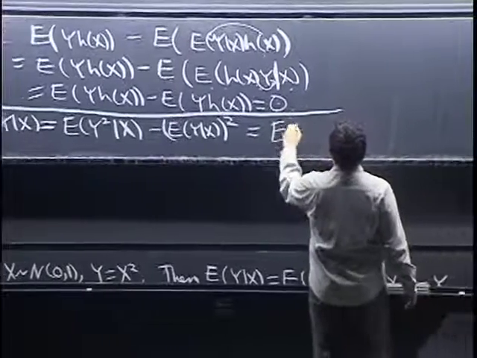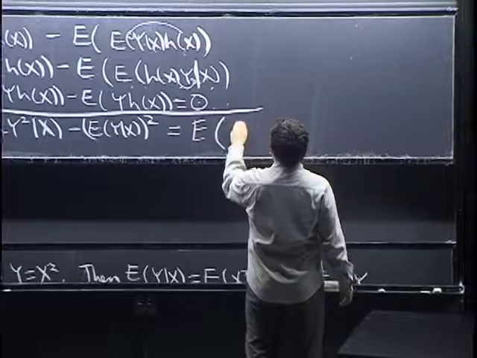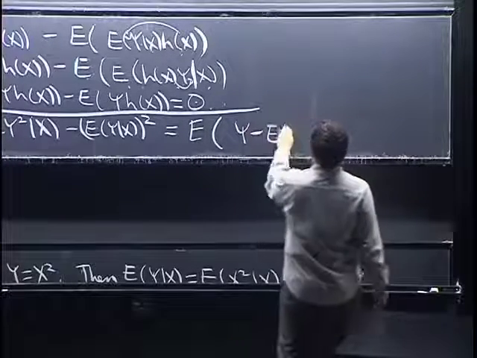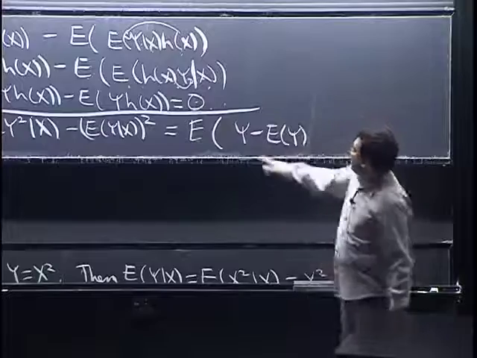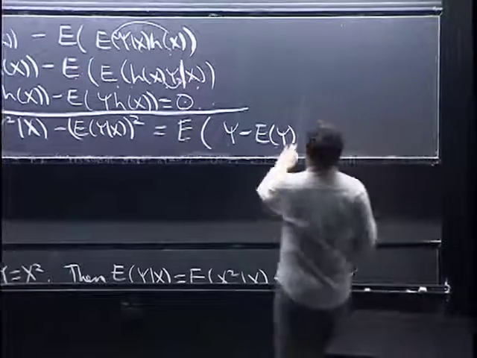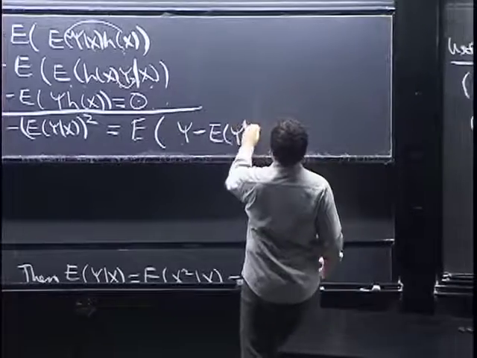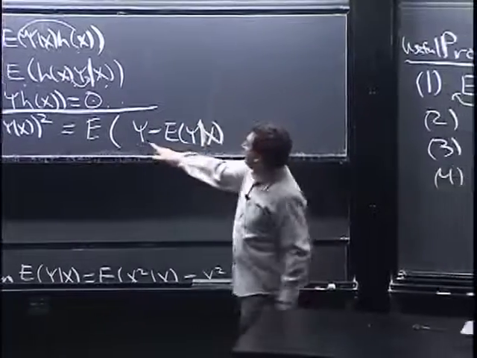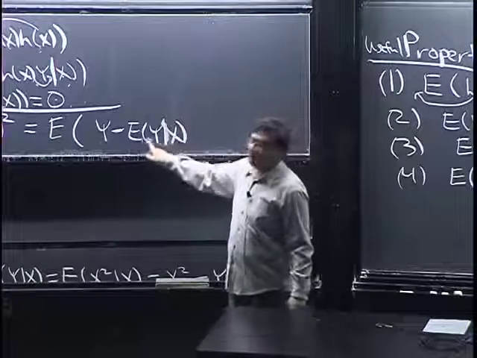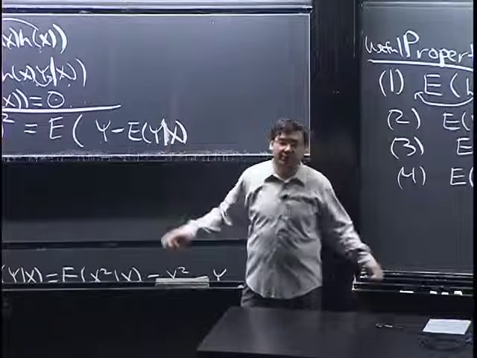If we defined it the other way, if it was just unconditional, we would do E of Y minus its mean and square that thing. However, we're trying to make it conditional. So we're going to put Y minus, and we get to treat X as known, so instead of E of Y here, we're using E of Y given X to make it conditional.